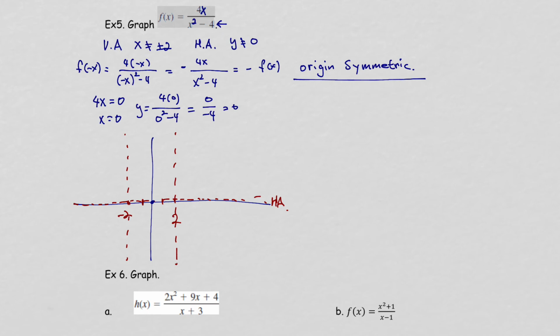And we wanted to find out which side to graph it on, right? So I could have something like this, or something like this, no, I cannot have something like this, because that is going to be y-axis symmetry. So it should be something like this, or something like that, right?